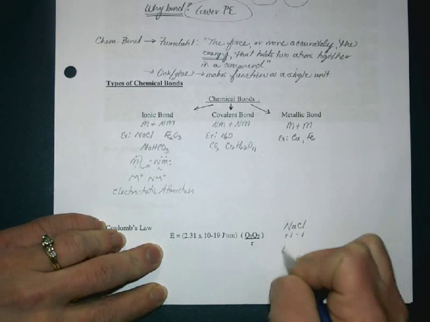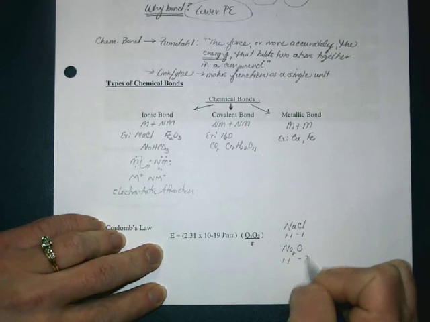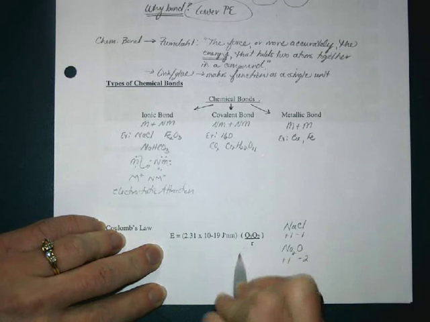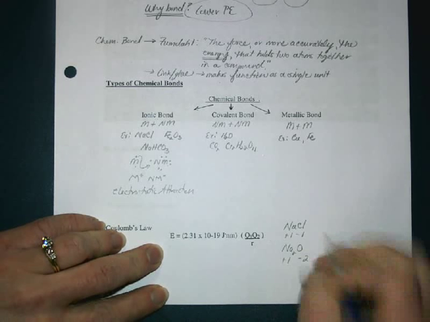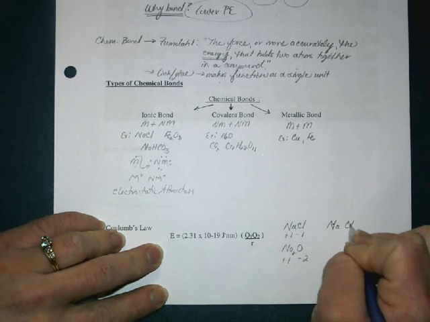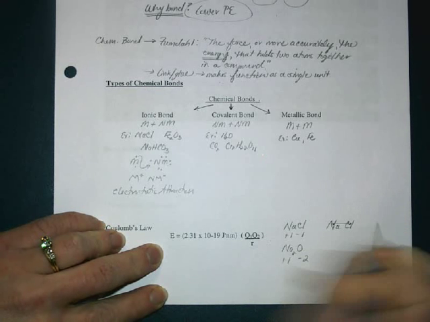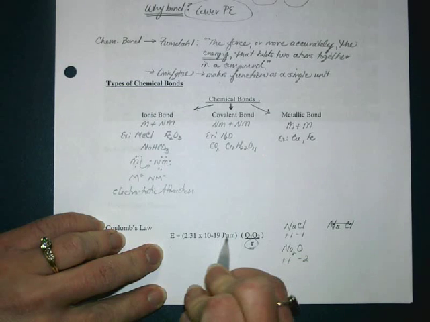In the case of sodium oxide, Q1 is positive 1, Q2 is negative 2. R is the distance between the ion centers. In sodium chloride, the distance between the nuclei of the sodium and the nuclei of the chloride. You will be told this, and you want it to be in nanometers to cancel with this constant.